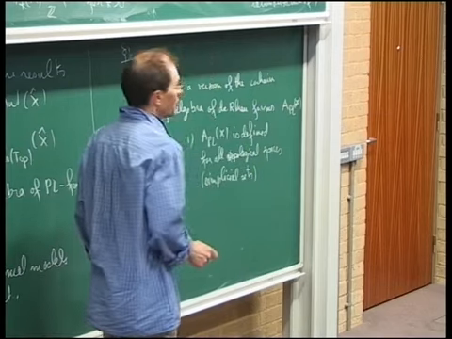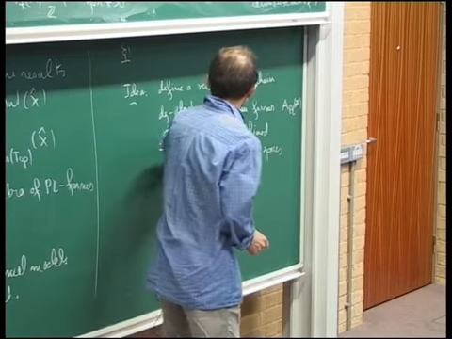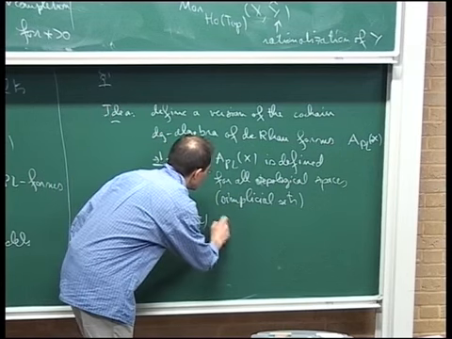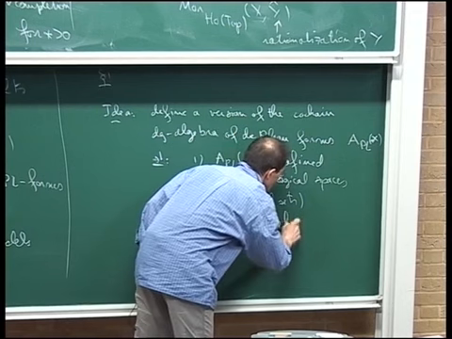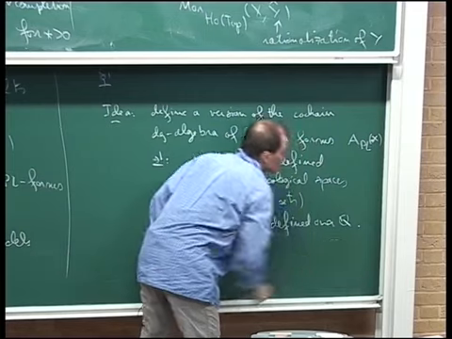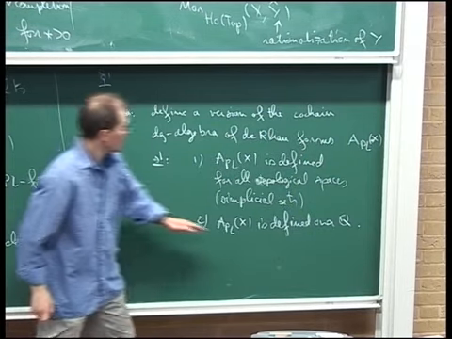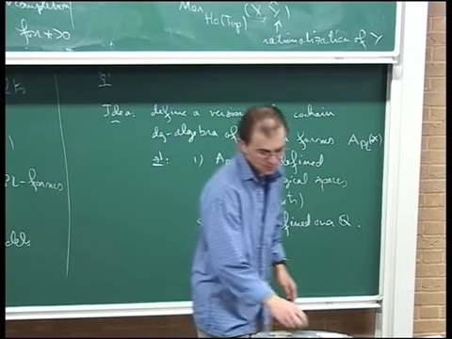So not only manifolds. And second point, this DG algebra is defined over Q. Okay, so it's a kind of rationalization of the de Rham cochain DG algebra.